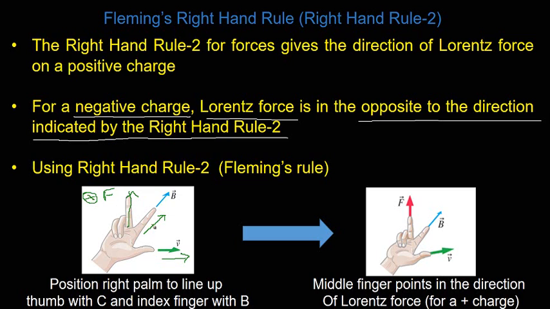If the charge is negative, according to this bullet, we'll have to reverse the direction of the middle finger. So this is the direction of the Lorentz force if the charge is negative.